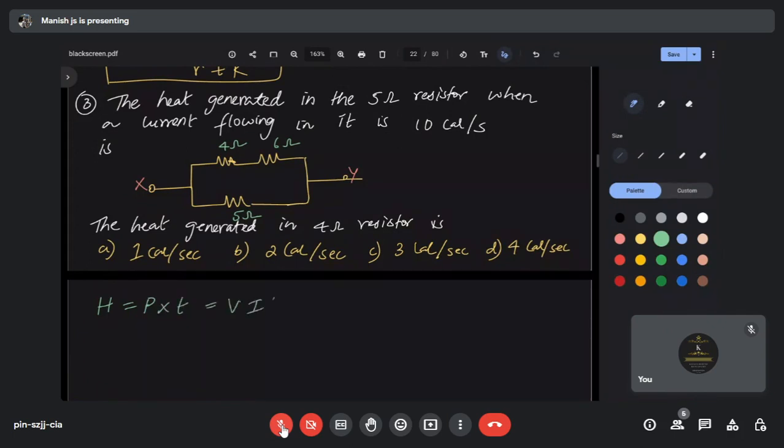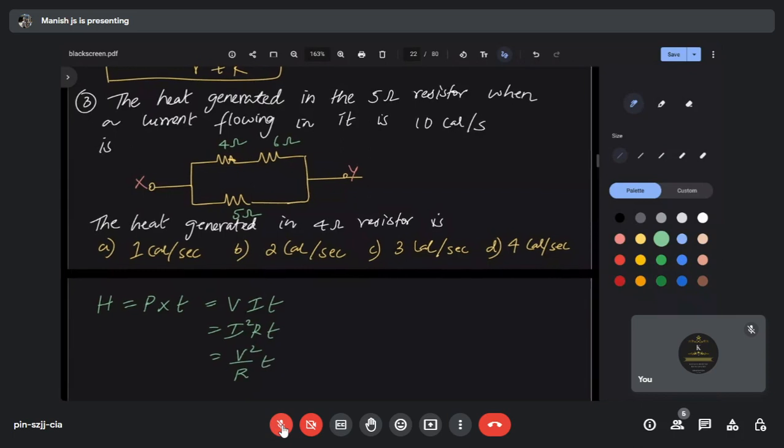So you get VIT, I square RT, and V square upon R into T. These are all the possible formulas for heat in terms of power. So just look at the combination and then you can easily find out the values.